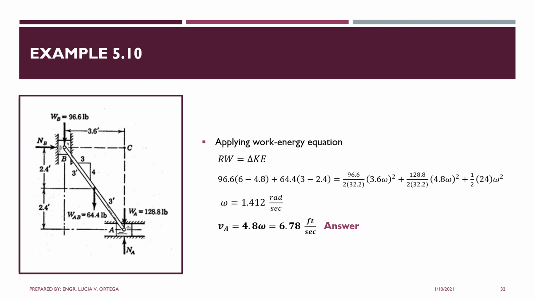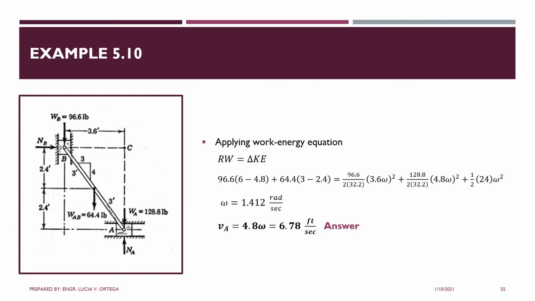So the distance traveled is 6 minus 4.8. And for this one, 64.4, the center, is 3 minus 2.4, so that is 0.6. This equals the change in kinetic energy.